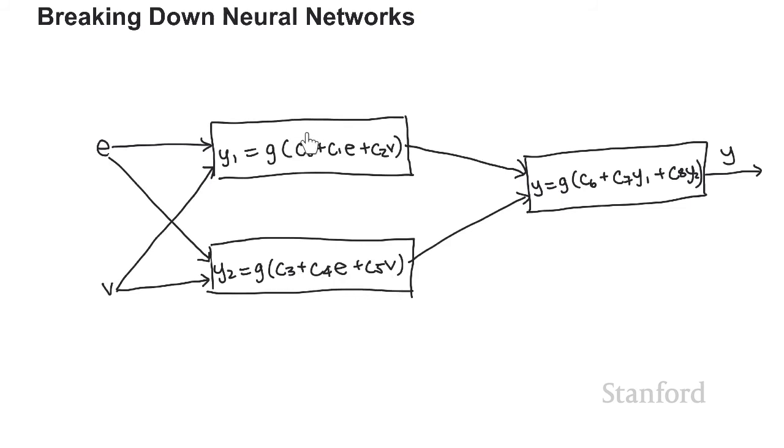Note that these constants are different, right? Here it's C0, C1, C2. Here it's C3, C4, C5. And then in the second layer, we have its own logistic function, but now instead of having E's and V's, we have Y1 and Y2, which is what was passed into this second layer over here. And in this logistic function, we have the constants C6, C7, and C8.